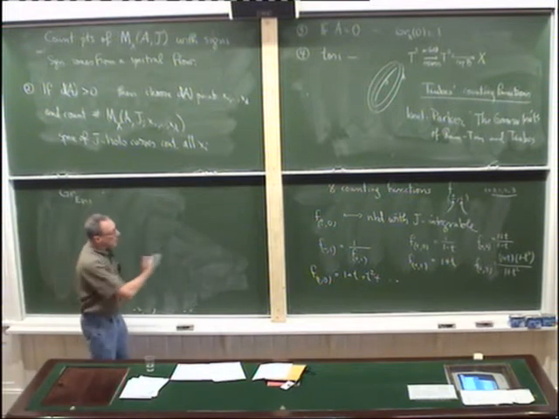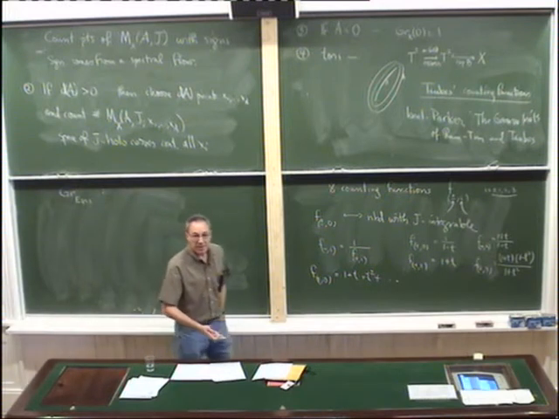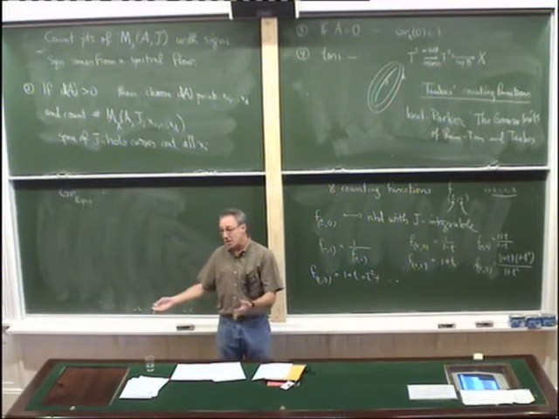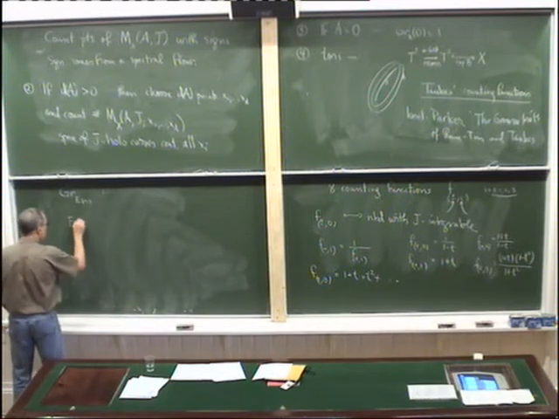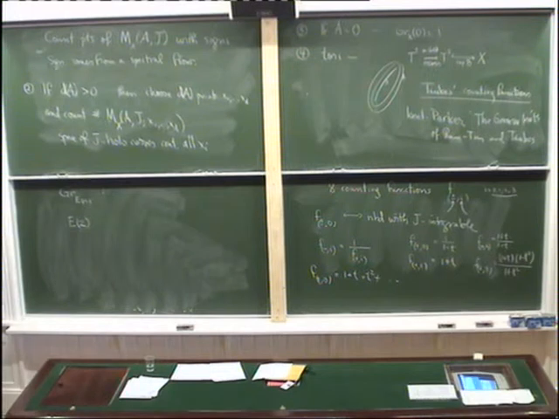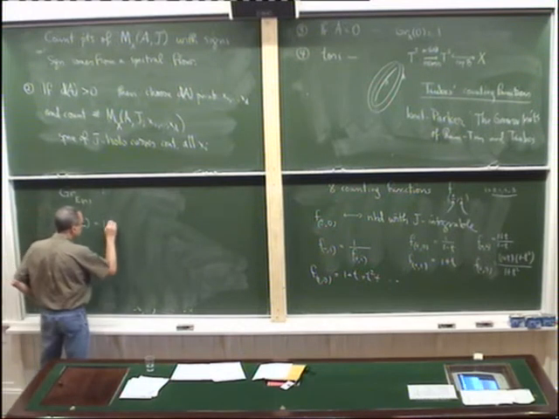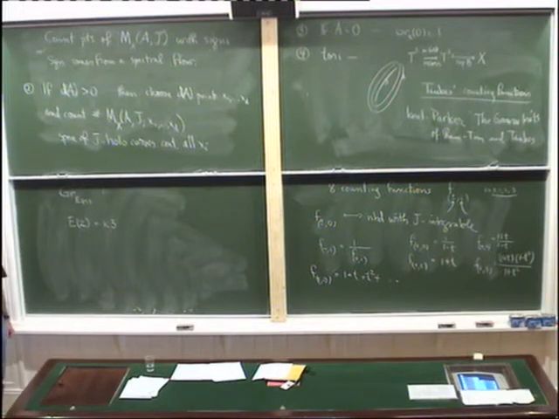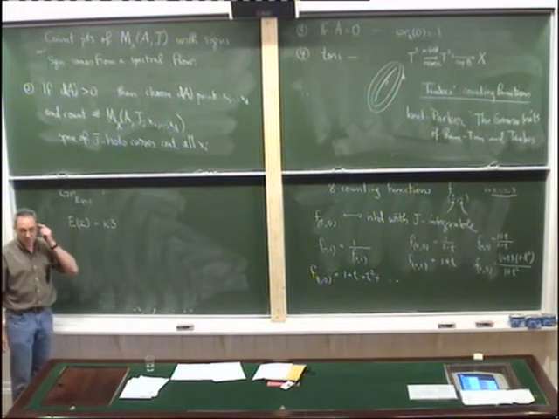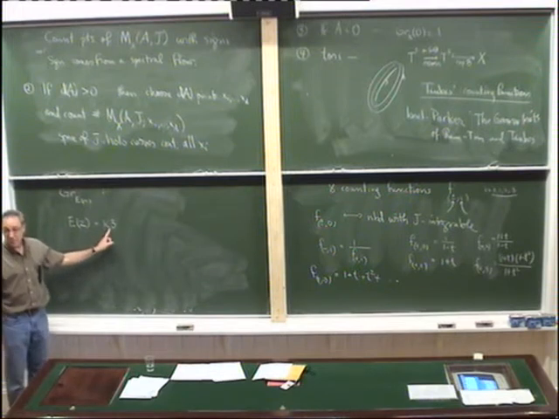So in En, for example, in E2, let's think about E2 for a second. This is the K3 surface, and one fact we know about the K3 surface is that for generic complex structure, it has no curves.